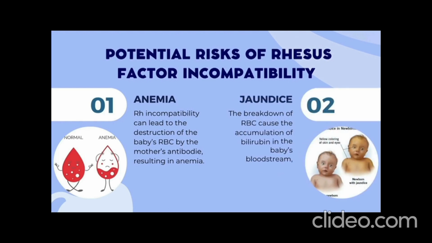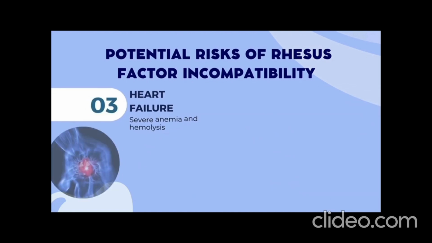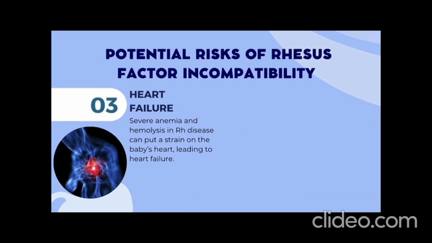The breakdown of the red blood cells causes the accumulation of bilirubin in the baby's bloodstream, leading to jaundice. The third one is heart failure. Severe anemia and hemolysis in Rh disease can put a strain on the baby's heart, leading to heart failure. Heart failure occurs when the heart is unable to pump enough blood to meet the body's needs.